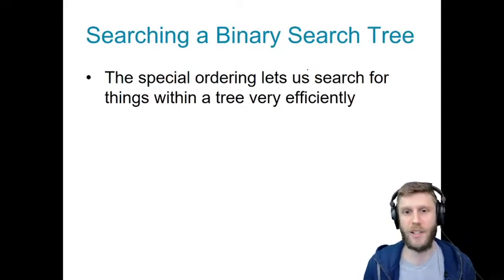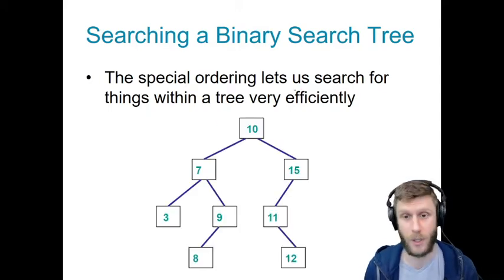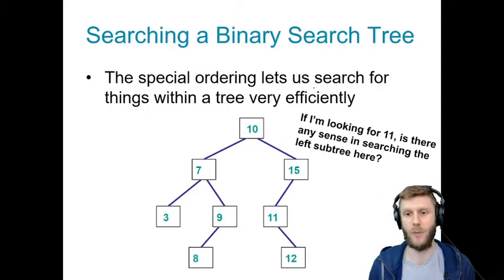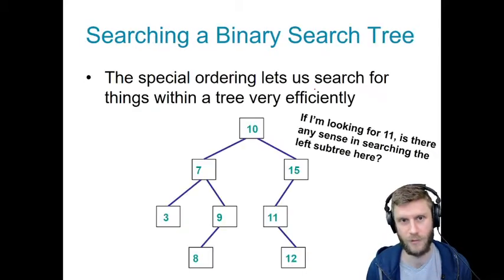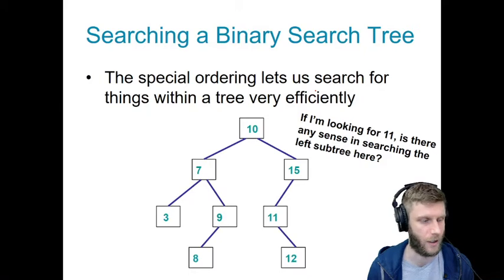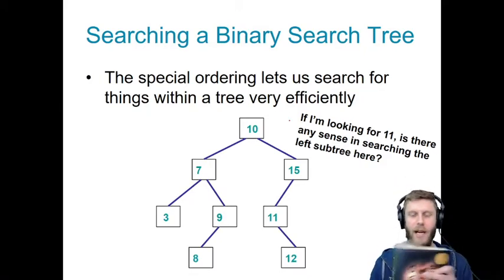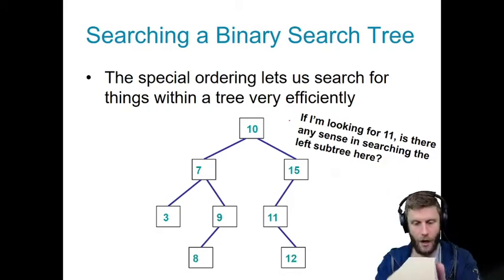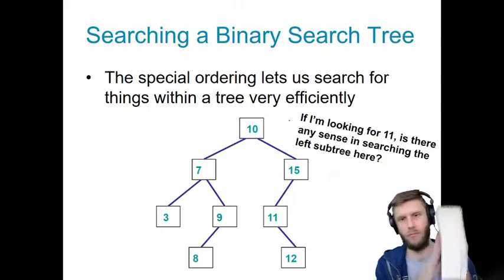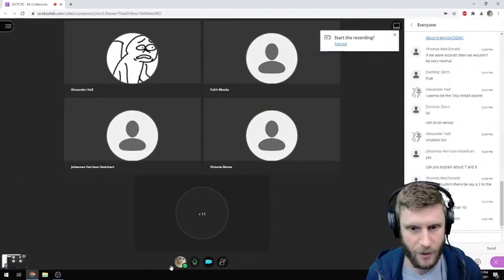So the special ordering lets us search for things within a tree very efficiently. Because let me put it this way. Shoot, I wish I had a nice big book here. If it's not painfully obvious already, I'm looking for page, you can see this book right here.